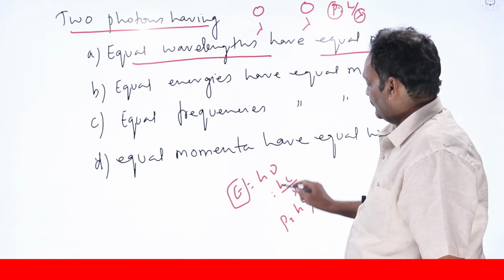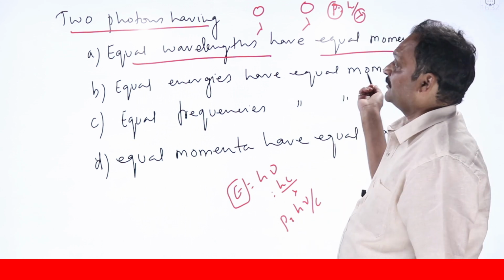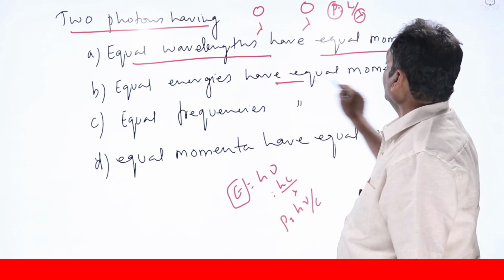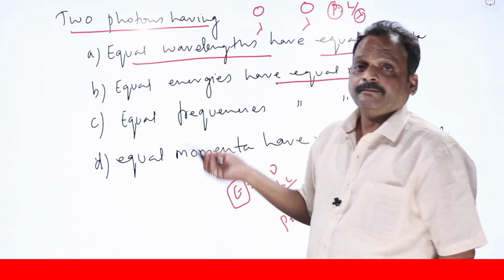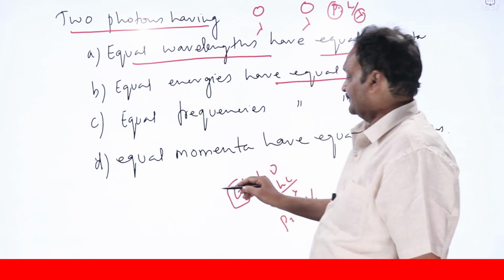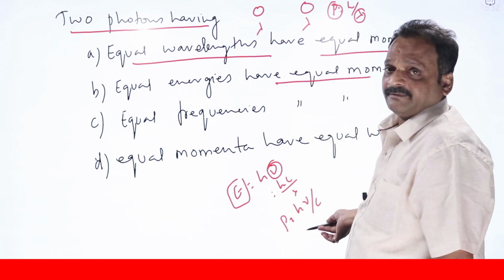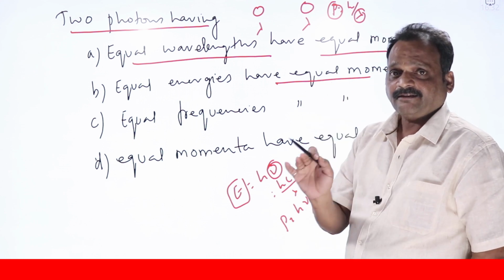So when h nu is the same, the magnitude of momentum will also be the same, but we are not sure about the direction, so the second option is also not 100% correct. Maybe equal, maybe not equal. Similarly, equal frequencies have equal momentum. Frequency being the same means the magnitude of momentum is the same, but again the problem is that momentum is a vector quantity and the direction should also be equal.